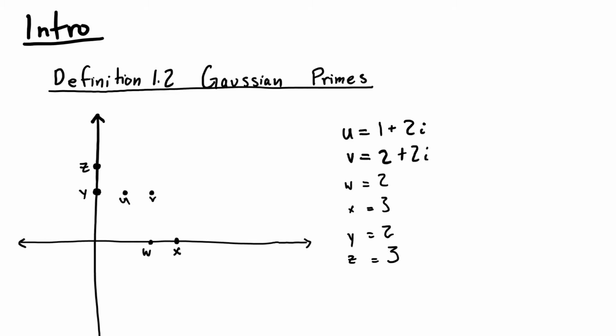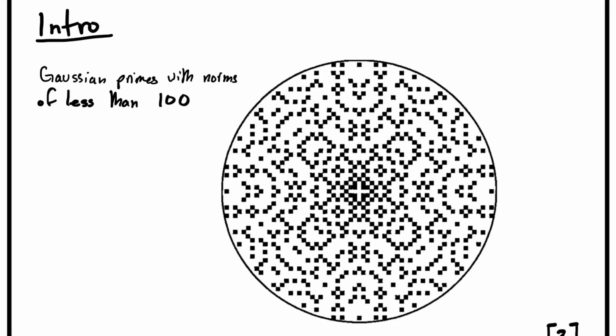V is not a Gaussian prime. Similarly, w is an ordinary prime, but it is not a Gaussian prime as it is not 3 mod 4, and so it does not meet either of our requirements. However, x does, and we can see that y and z are just the same, with y not meeting the criteria, but z meeting the criteria.